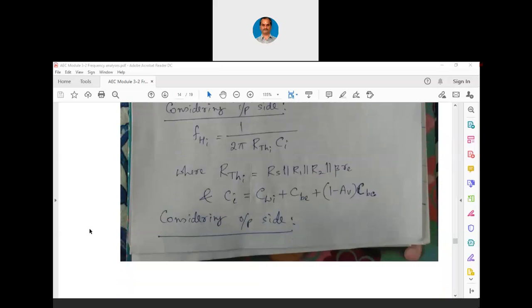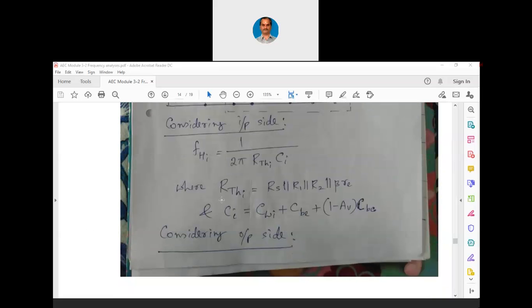Now let us consider the input side. Considering the input side, FHI, meaning high frequency cutoff at the input, is 1 over 2 pi into RTHI into CI. You already know the standard formula: F equals 1 over 2 pi RC, right?